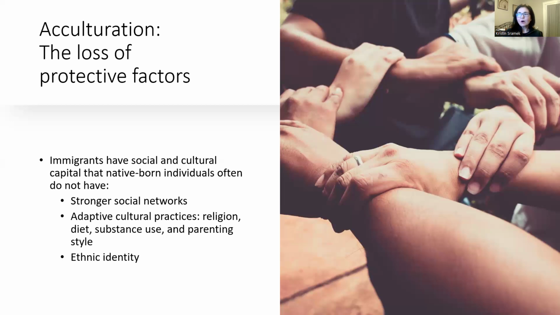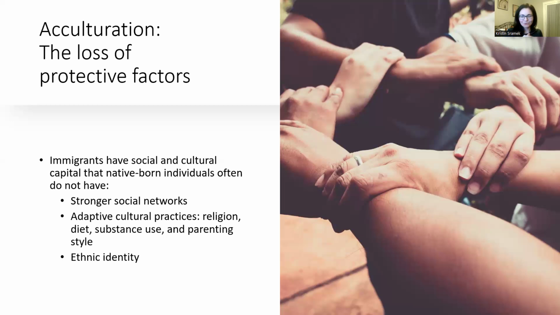Also, there's this idea of substance use. Substance use is usually frowned upon in these countries of origin, and if it is engaged in, it's usually in a much more social way. The emphasis isn't on the substance, the emphasis is on the togetherness or socializing, and the substance takes a secondary role as opposed to being at the forefront, like we're here to get drunk, right?